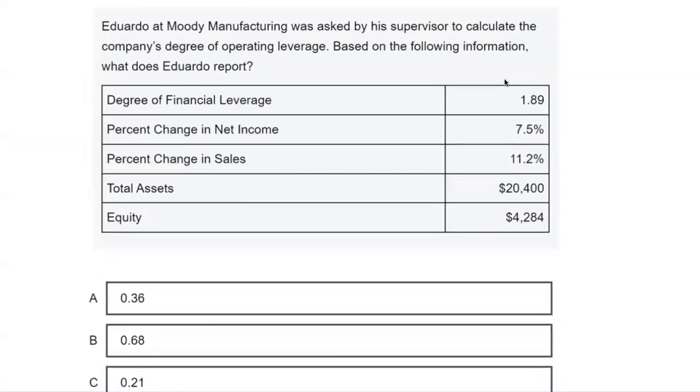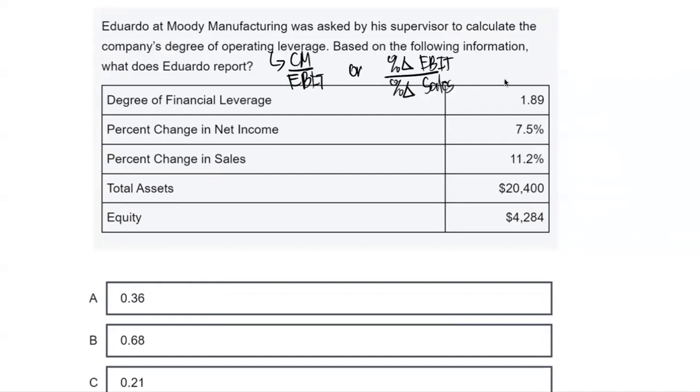Let's keep going. This one. Degree of operating leverage. So we have two formulas here. CM over EBIT, or percentage change in EBIT divided by percentage change in sales.